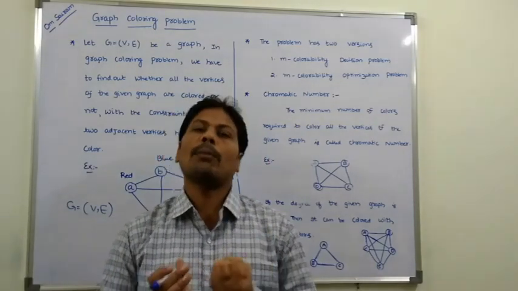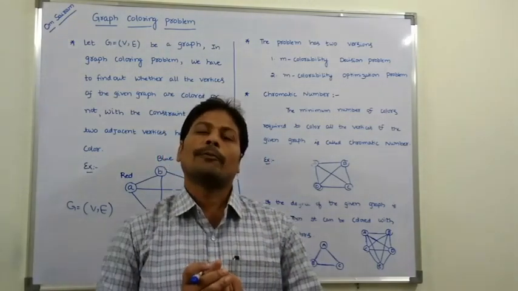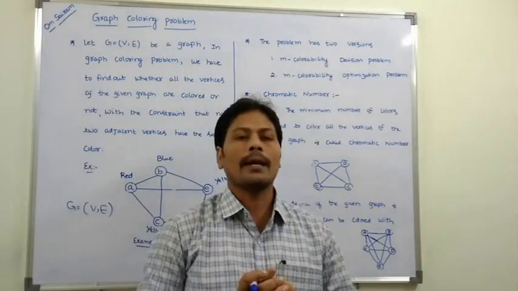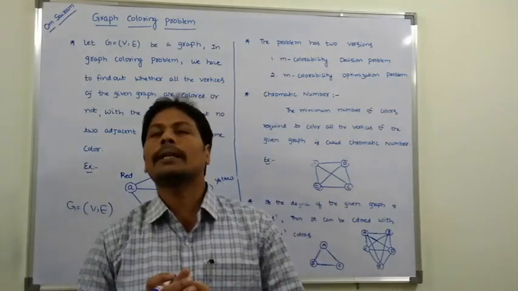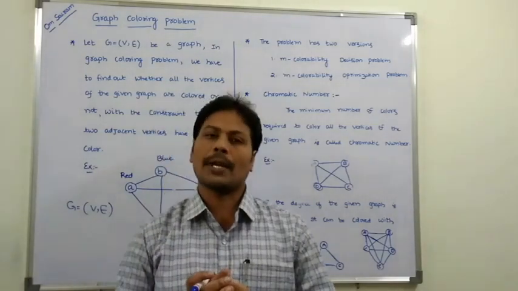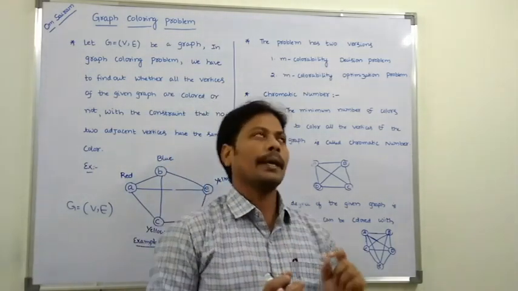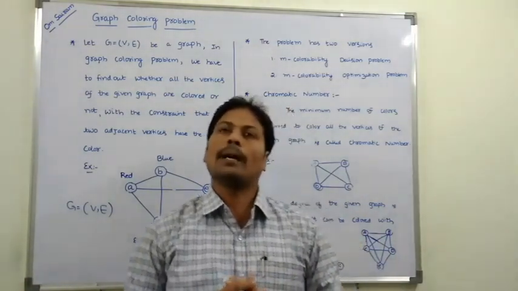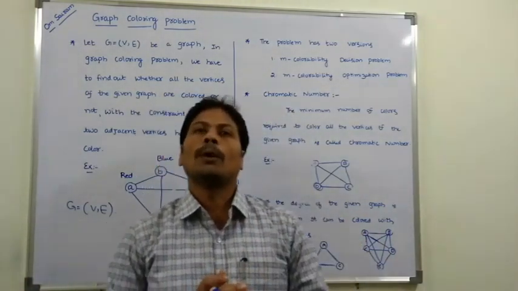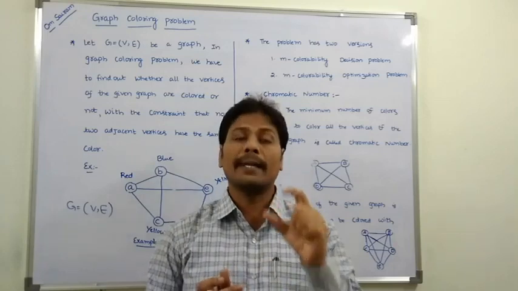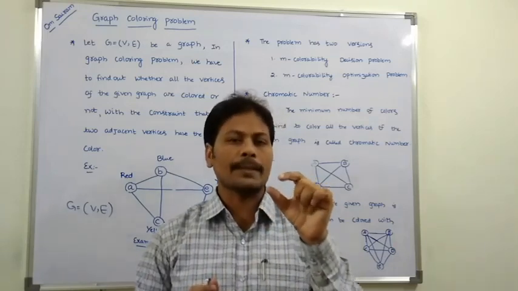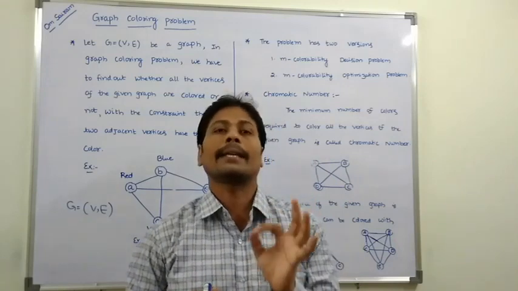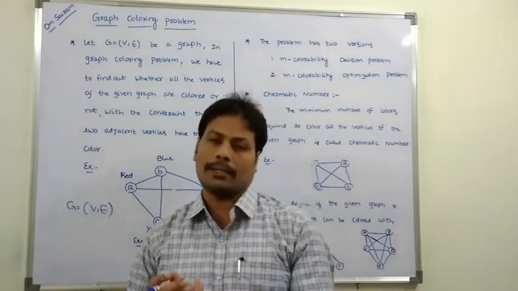A decision problem is one where, for a given problem, the answer is either yes or no. So the M-colorability decision problem is where we have to check whether all the vertices of the given graph can be colored with M colors or not.